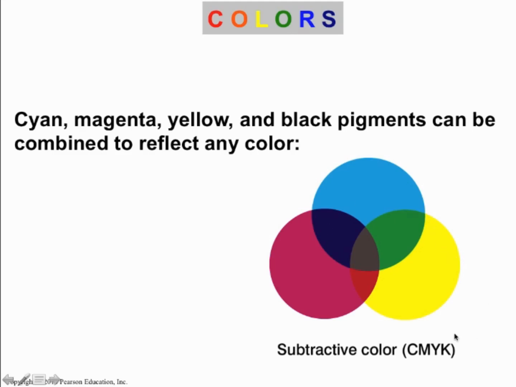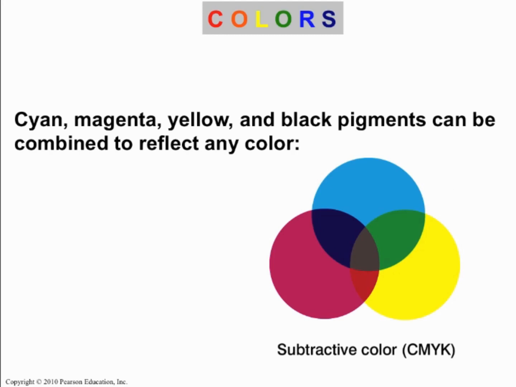Now, why is there black? Well, black is not really, you can't really call it one of the primary subtractive colors. But when you do four-color printing, like if you get a brochure printed, any type of color printing, you've probably seen this if you've replaced the ink cartridges in a printer.